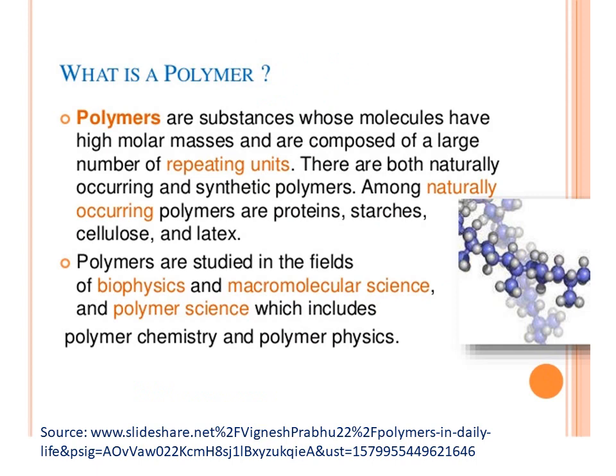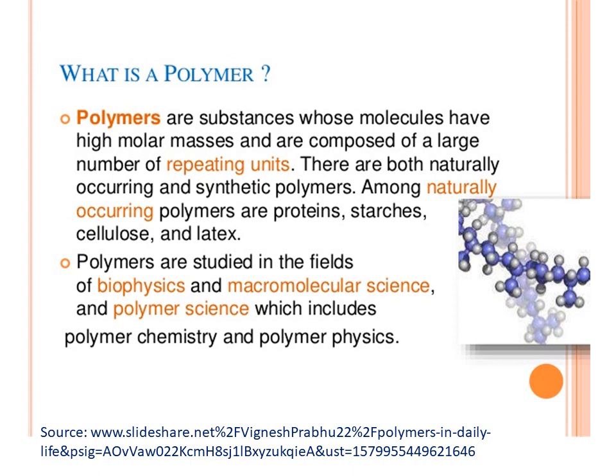So, polymers are substances whose molecules have high molar masses and are composed of a large number of repeating units. Yung repeating units po ay yun yung monomers. Pag dinikit-dikit, nagiging polymer. Anong example ng mga polymer? Example yung protein, yung starches, yung cellulose.